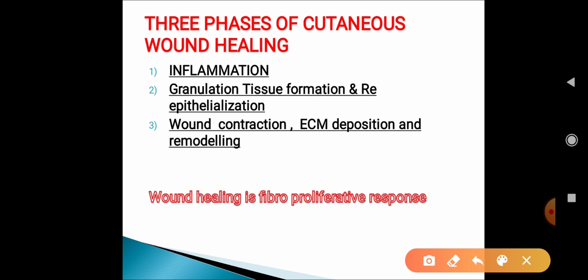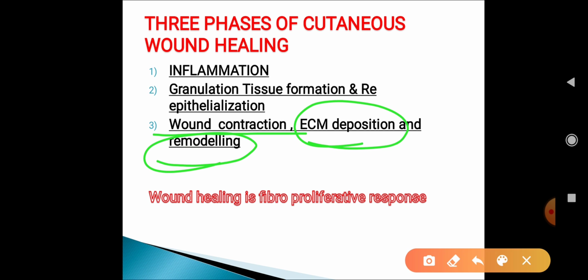Third event is wound contraction because of extracellular matrix deposition, and there will be remodeling. We will understand all these steps in detail. This wound contraction is a particular feature of secondary union. In the primary intention it is very less, but in the secondary union the wound contraction is maximum.